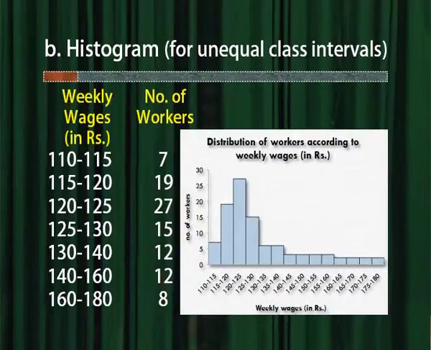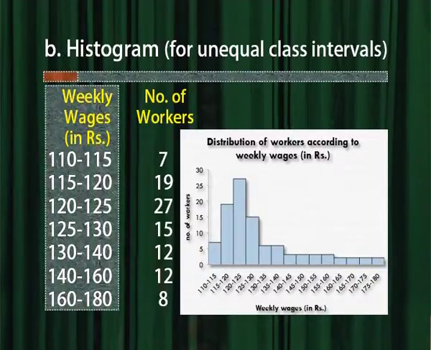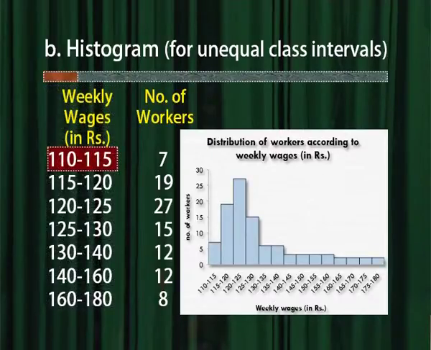But sometimes we may have classes of unequal interval. For example, here we have the weekly wages given in the first column. The first class is of length 5 because it runs from 110 to 115 rupees. The second class is from 115 to 120 rupees. The third class is also of length 5.